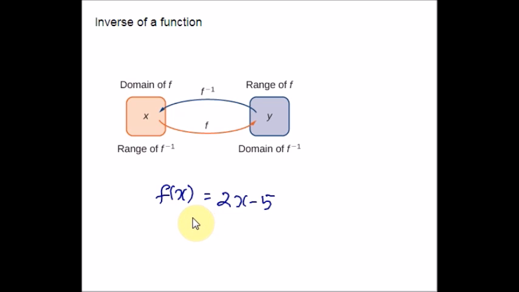First, the value of x would get multiplied by 2, because 2 is the coefficient of x. Then we would subtract 5. The two mathematical operations taking place in the function f of x are multiplication and subtraction.